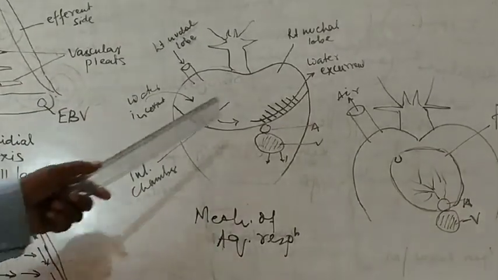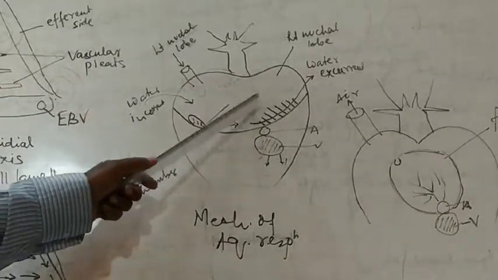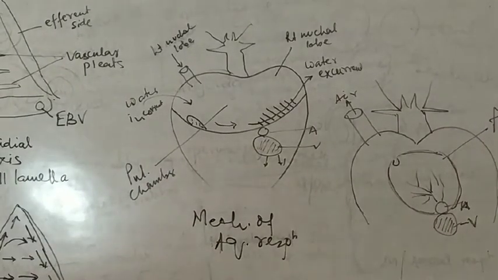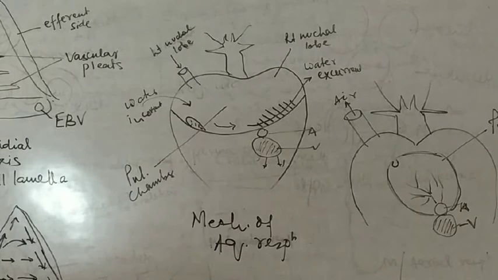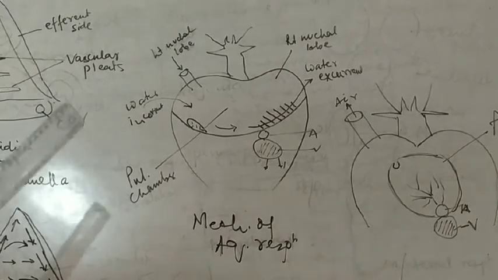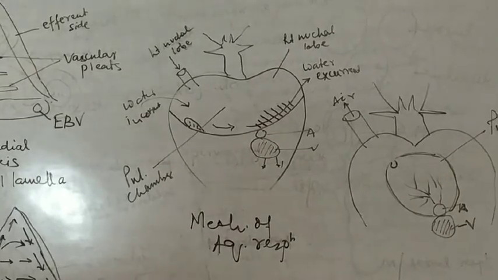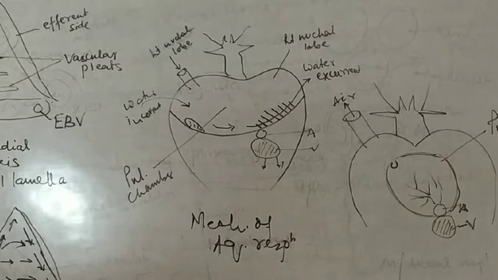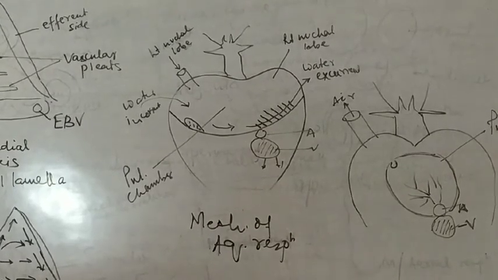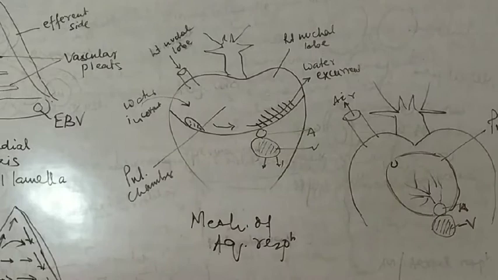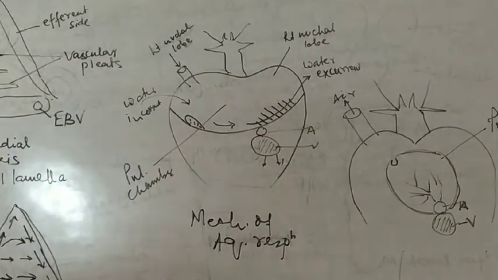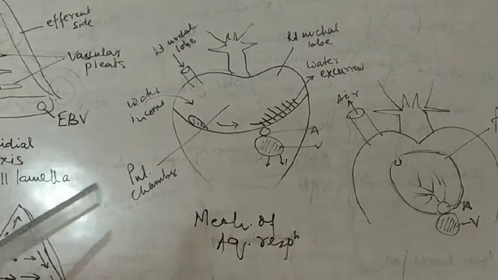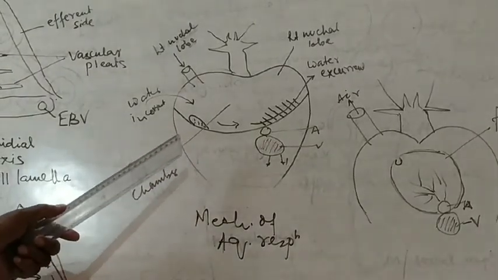You see that is the heart, this is the auricle, that is the ventricle. So exchange of gases takes place. That means it takes oxygen, it performs respiration, and after cellular respiration the carbon dioxide produced is removed, passing out through the right nuchal lobe. Understand? So that is aquatic respiration.